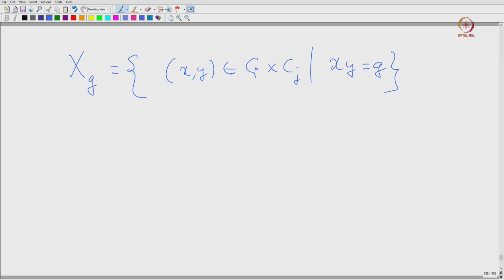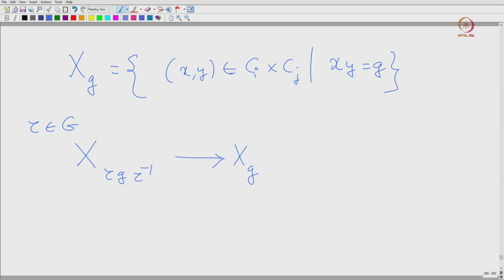Now, if we take some tau in G, we want to look at X_{tau g tau inverse}, and we want to say that there is a bijective map from X_g to X_{tau g tau inverse}.